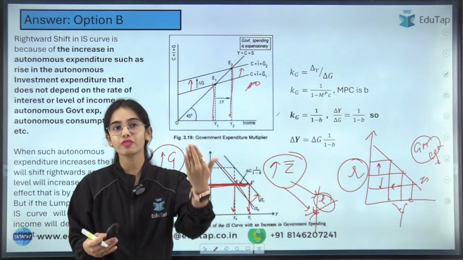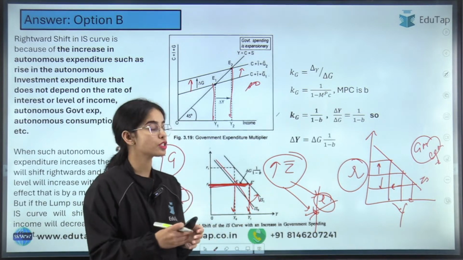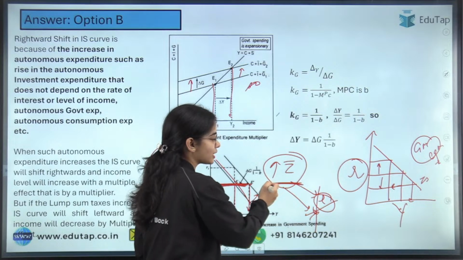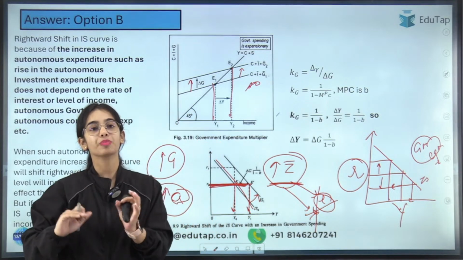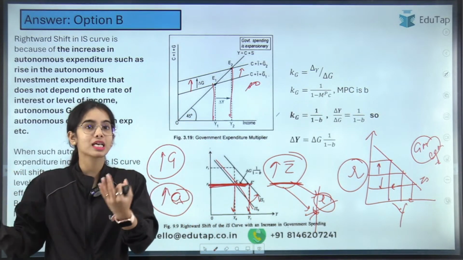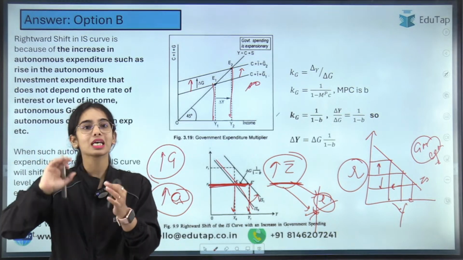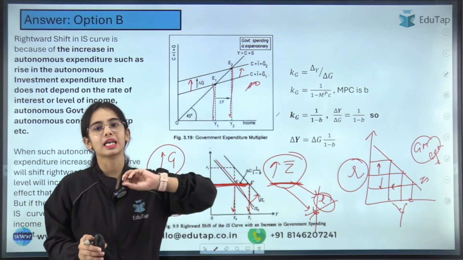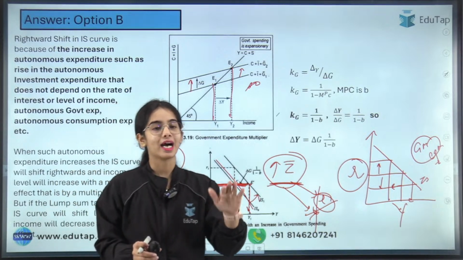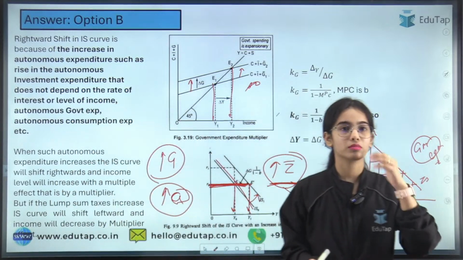So more investment is required because the population has increased. This is autonomous investment, happening because of outside variables, exogenous variables, independent of level of income and rate of interest.